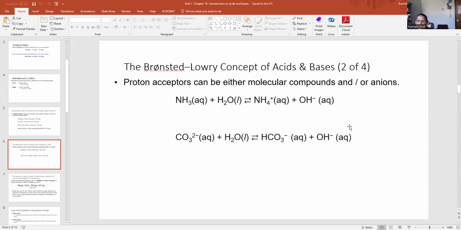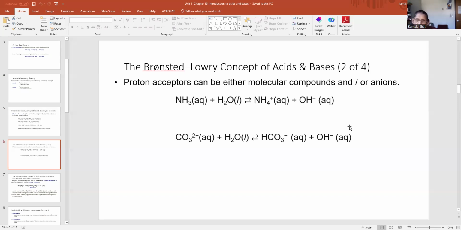Now, the proton acceptors can again be either molecular compounds or anions. You see NH3 plus H2O gives you NH4 plus and OH minus. Production of an OH minus ion indicates that the solution would be basic. CO3 2- plus H2O gives you HCO3 minus and OH minus. Look again at the conjugate acid-base pairs.